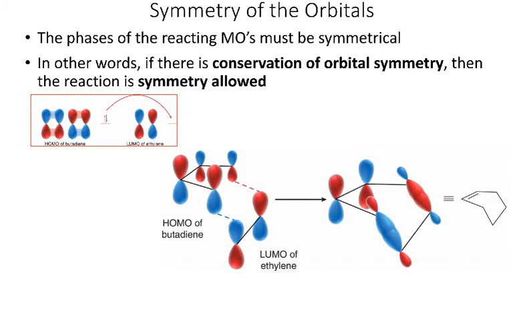And so we do get 4+2 cycloadditions in the case of the Diels-Alder reaction. But we won't always see this proper symmetry. Only when there is conservation of orbital symmetry is the reaction considered symmetry allowed. The 4+2 addition of the Diels-Alder reaction is a case where it is symmetry allowed, and that's why we see this particular cycloaddition.